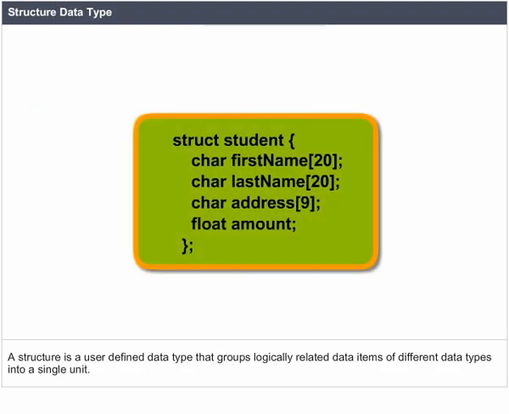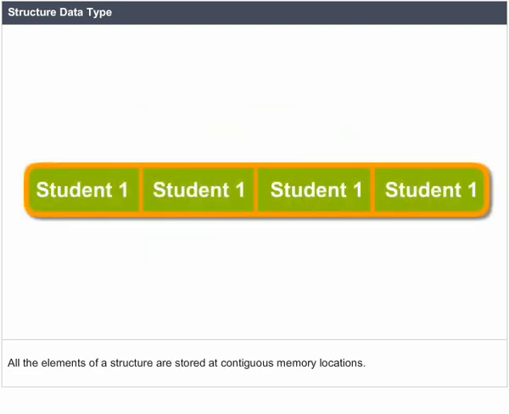Structure data type. A structure is a user-defined data type that groups logically related data items of different data types into a single unit. All the elements of a structure are stored at contiguous memory locations. A variable of structure type can store multiple data items of different data types under one name.